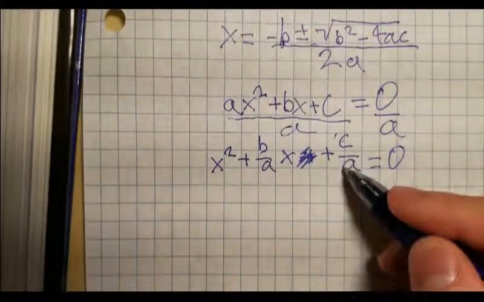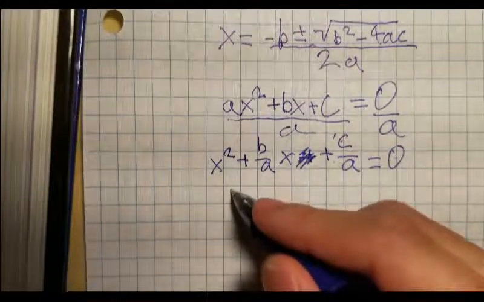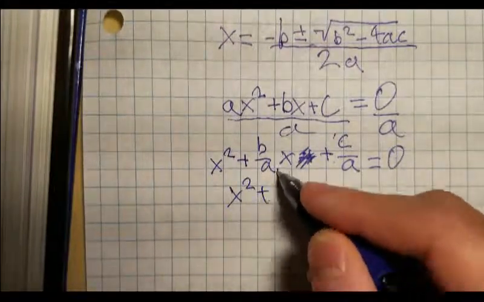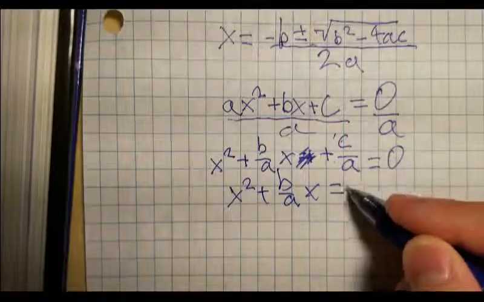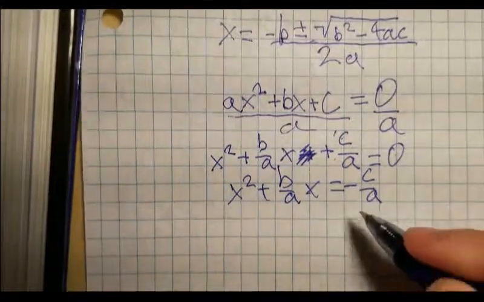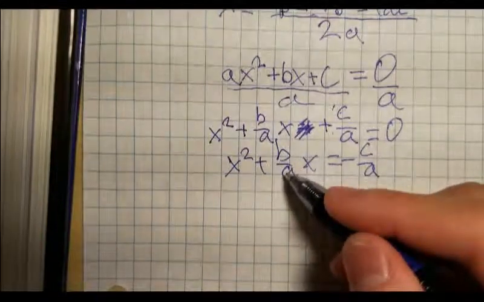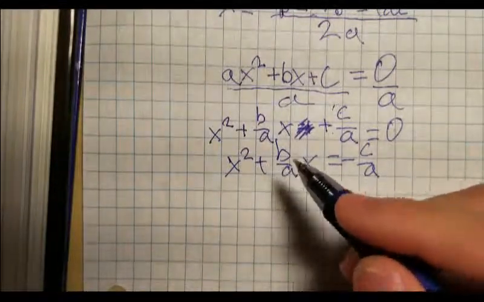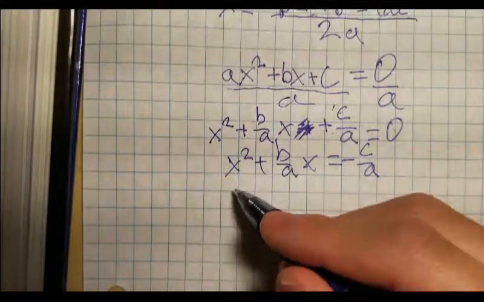So first of all, we're going to have to get this term to the other side. So x squared plus b over a x, just move that term to the other side, equals negative c over a. And remember, because we are completing the square, we need to take half of this term and square it, and then add it to both sides. That will give us a perfect square on the left side.